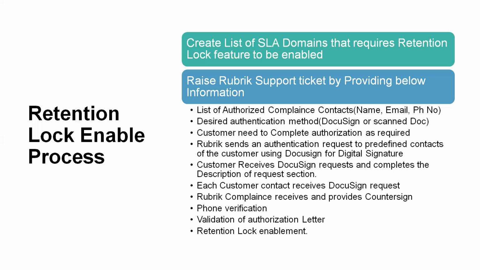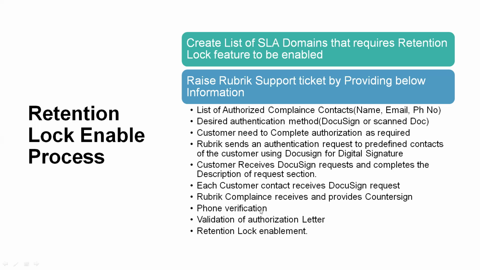Then decide the authentication method. There are two types: DocuSign and scanned documents. DocuSign is a digital signature, or we can scan the documents, sign them, and share them with Rubrik.